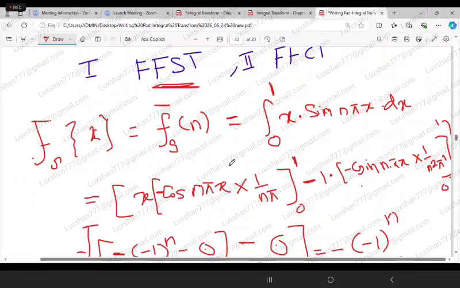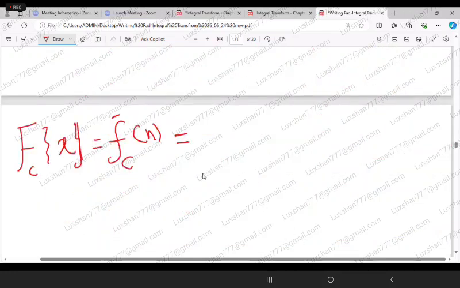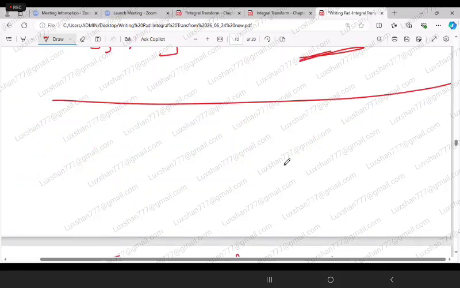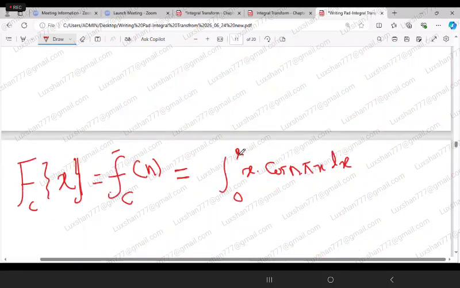It is defined to be the integral from 0 to L of x into cos n pi x into dx. Why? Because my L is equal to 1, so there should be 1.